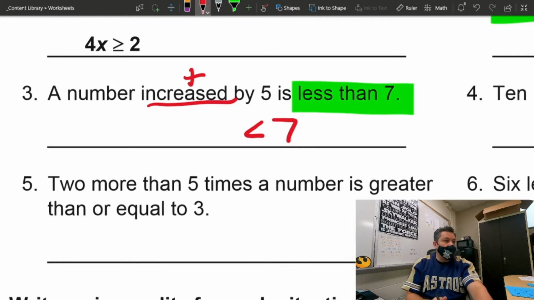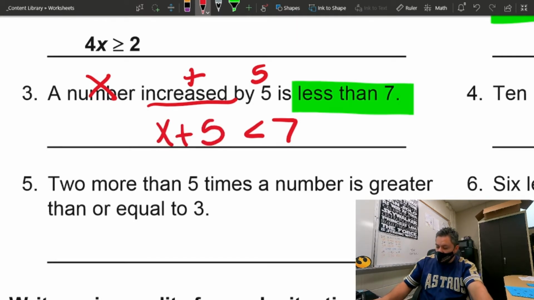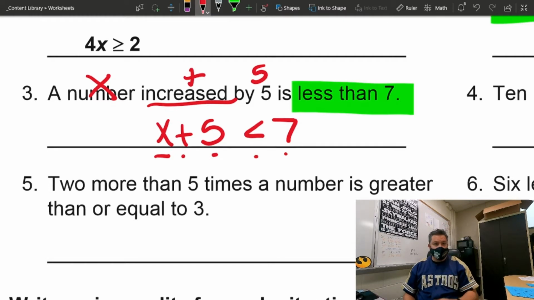Do we know what that number is? No. So what do you put in there instead of a number? X. Increased by 5. There you go. A number increased by 5 is less than 7. And that's it. Pretty simple, right?